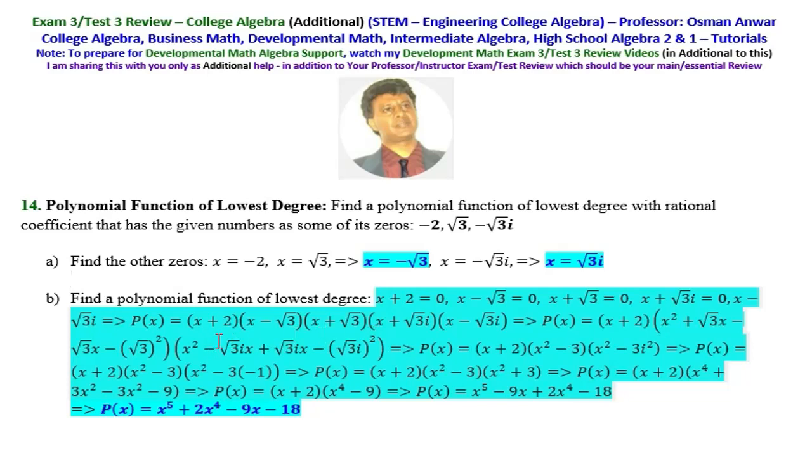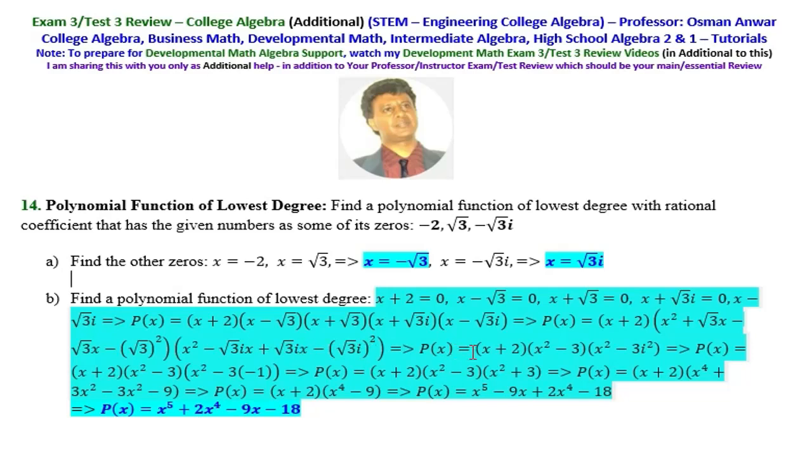So do these two conjugates. That is x squared plus square root of 3x minus square root of 3x minus square root of 3 all squared. And the other conjugate is x squared minus square root of 3ix plus square root of 3ix minus square root of 3i all squared.